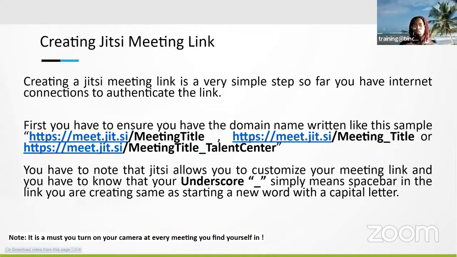But if at one point you're asked to set up a meeting link, especially for project managers, you need to go to Jitsi with the name of the meeting title and put an underscore.